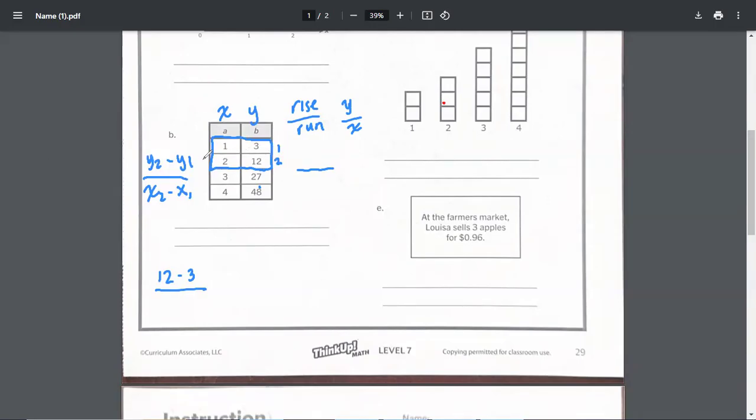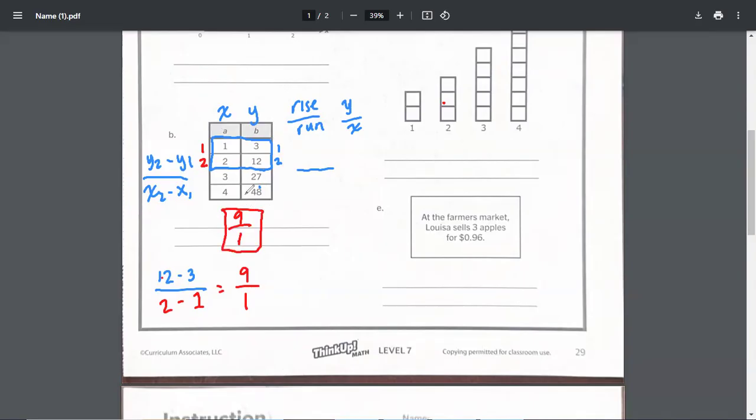Again, this is my second group. This is my first group. X2 was 2 minus X1, which is 1. Then you just solve it. 12 minus 3, that is 9. 2 minus 1 is 1. So my slope or my rate of change is 9 over 1.